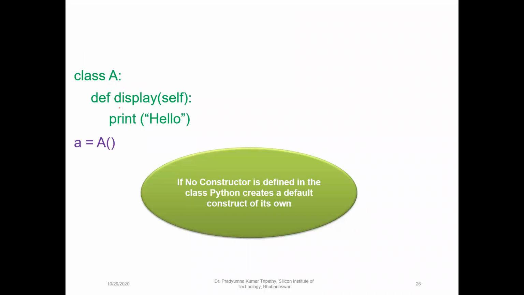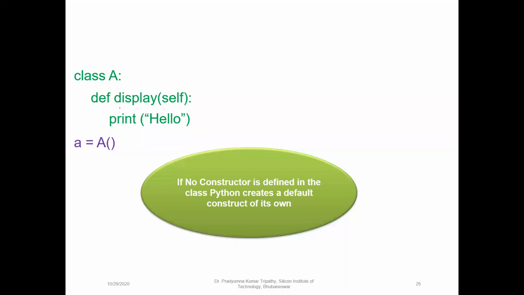As you were asking about whether it will execute if you do not have init: see over here, we have class A. We have a display method, which also doesn't take any argument. So I can create an object small a equals A. Once you create an object, it will start invoking the constructor, and no constructor you have defined.